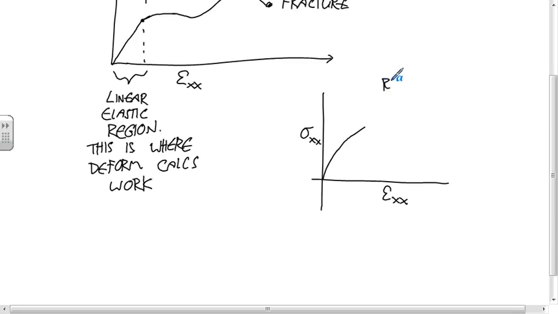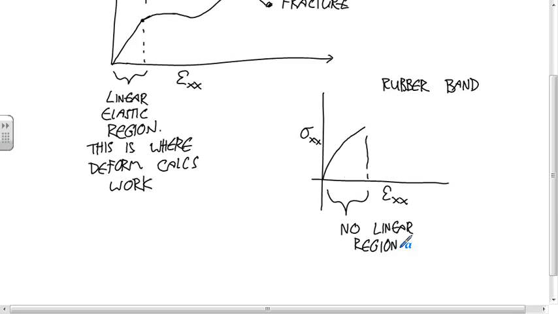So this would have been like a rubber band. No linear region. Even though in this range it's still elastic, if we would have removed the loading, it would have returned to its original shape.